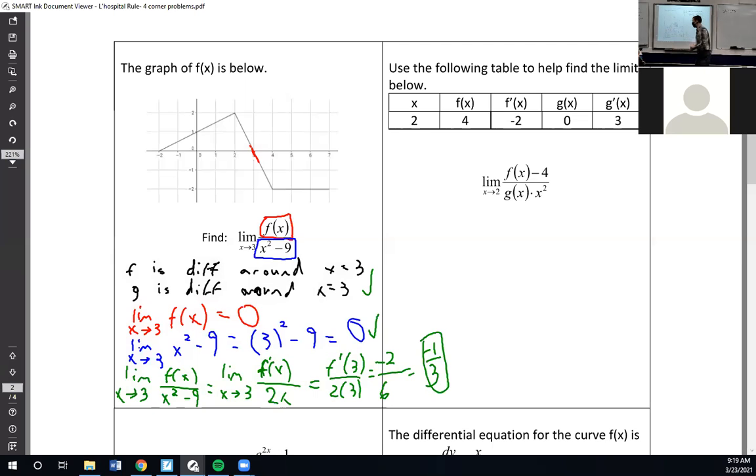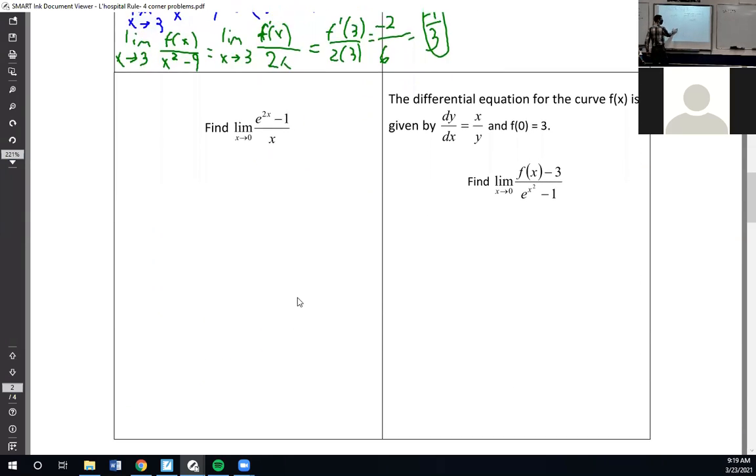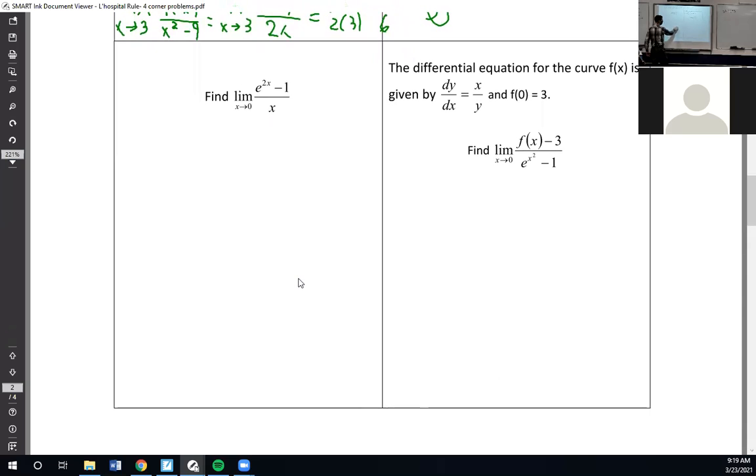All right, let's try the one on the bottom right. The one on the bottom right is a hard one, and that's going to be the case on the next page too, because it's combining multiple different ideas.